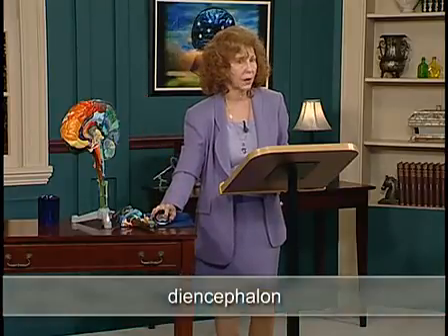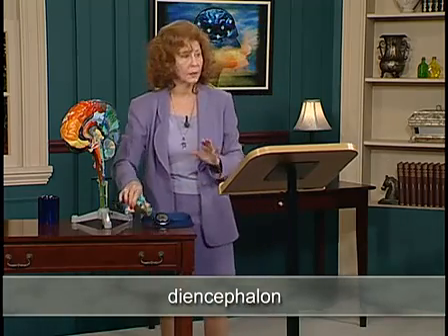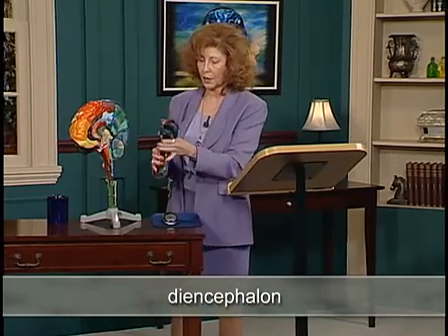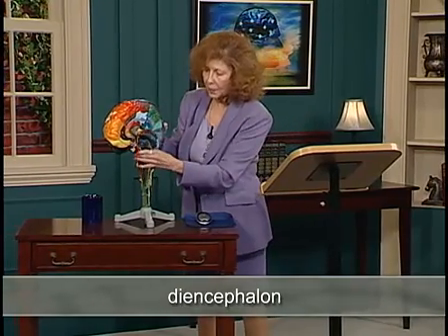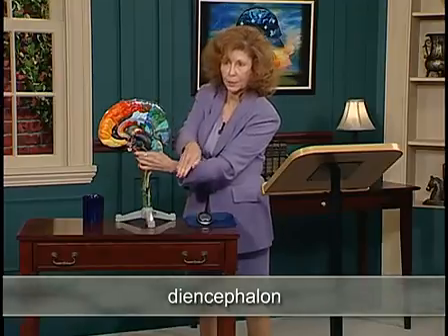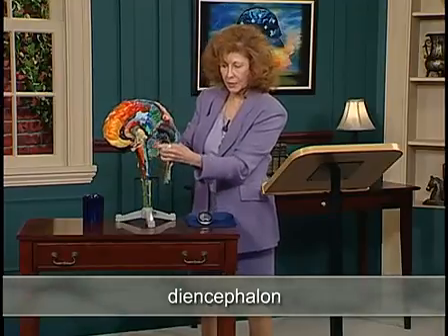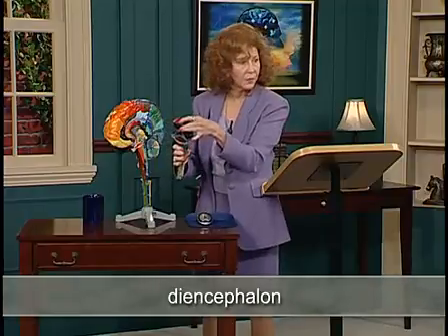The next area, if you remember, as we go rostral to caudal, is going to be the diencephalon. So if I take my little part of my brain model here, here's my brain stem down that I'm holding, and then on top of that, I want you to imagine this is for the other hemisphere, so the other hemisphere would be over this. If I take this off like this, this would be your diencephalon.